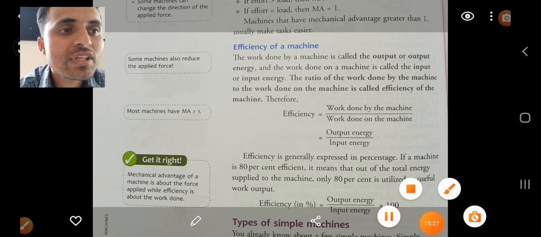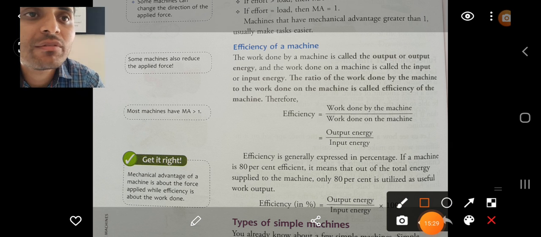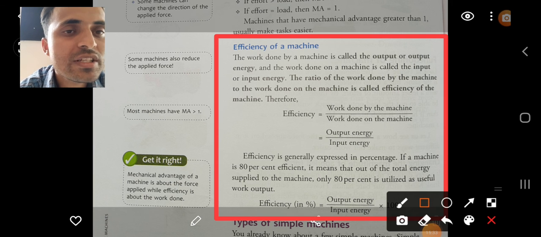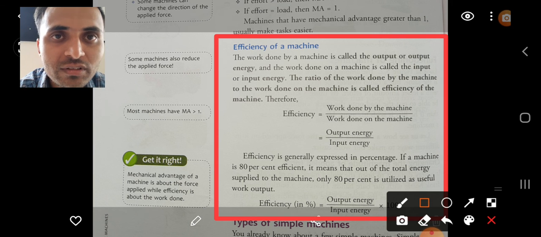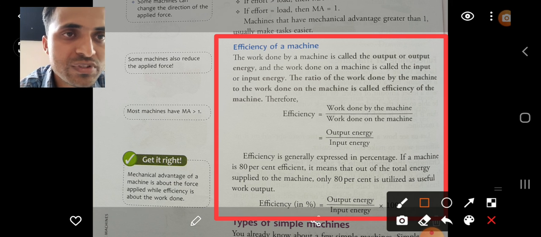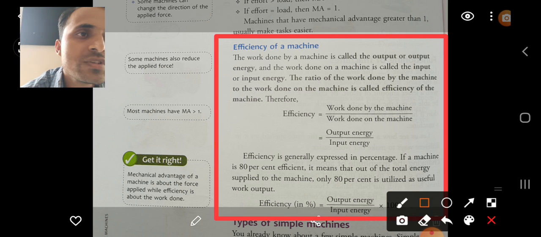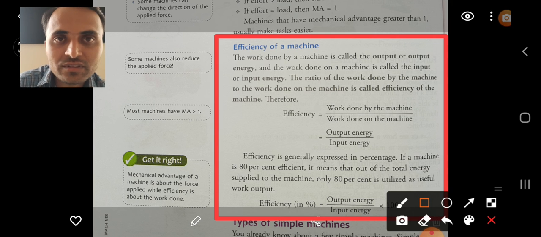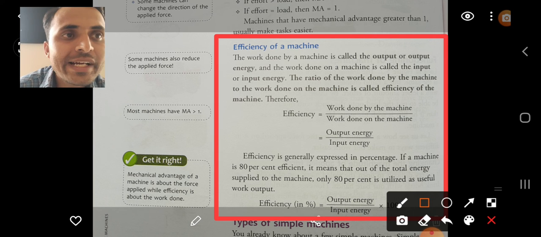Now we will move towards the next point, that is the efficiency of a machine. That is the common thing regarding every device. Efficiency means how much output it gives by providing some input. So see, the work done by the machine is called the output or output energy, or it is also called work done.